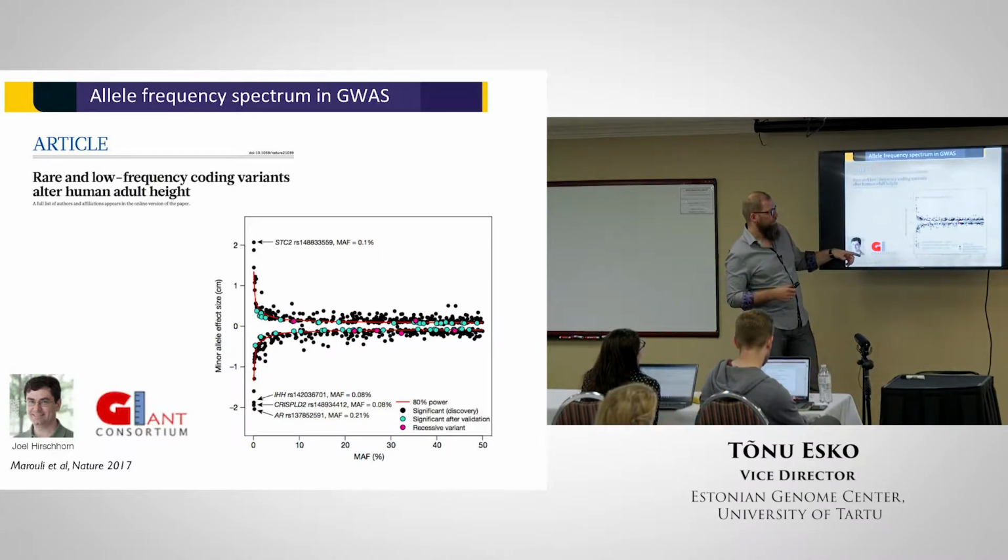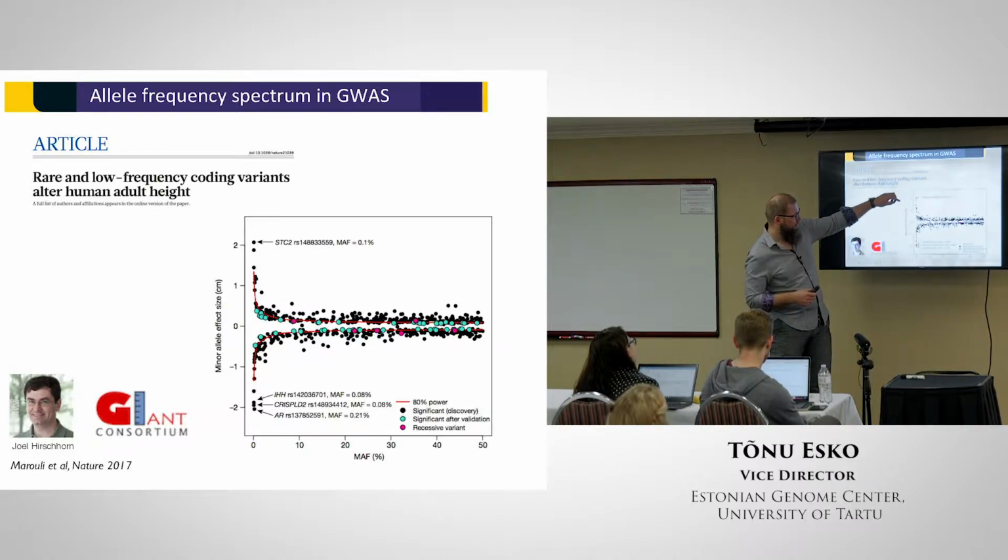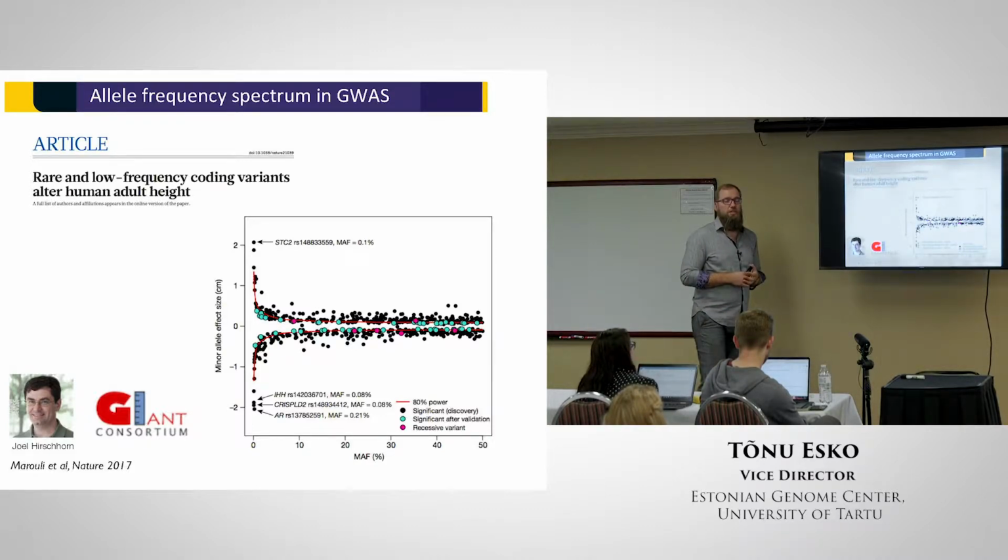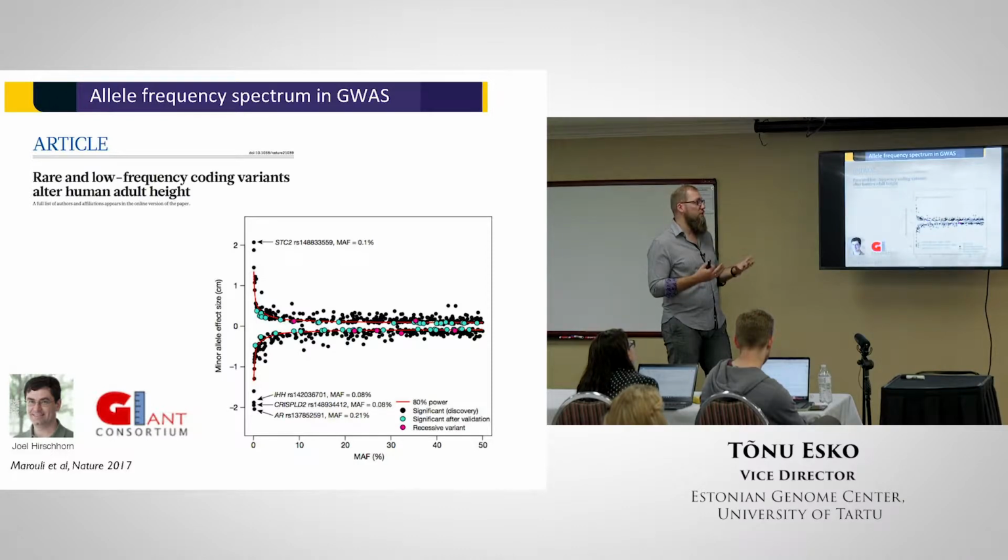I think all those are coding variants. But anyway, you can see that if the frequency in the population is very low, there is a correlation that usually the phenotypic effect is also much larger than for common variants.